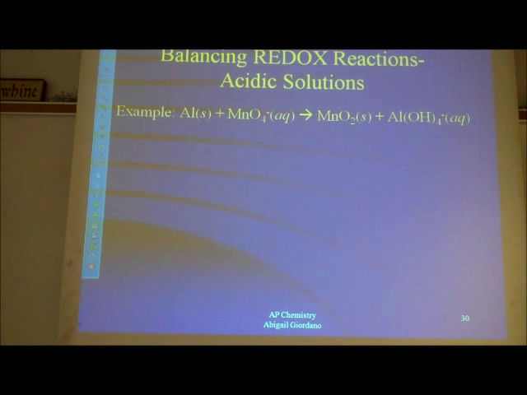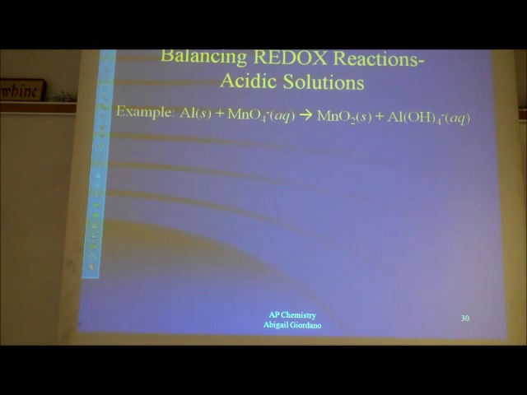Okay, and so what I have on this slide and the next one is a list of steps for how to balance a redox reaction. Instead of just talking about what the steps mean, I would rather use this example problem and talk through the steps with an example in front of us. Okay? So here we go.